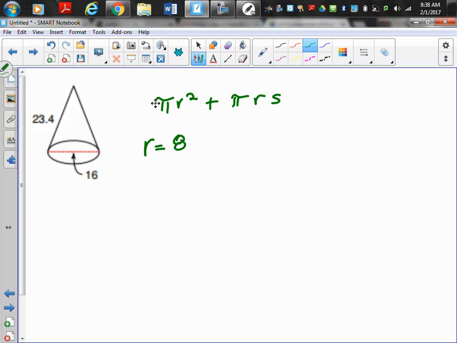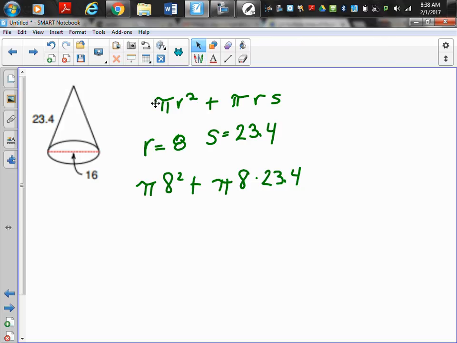Do I have my slant height? Yep. All right, so I have my s. Once you have your numbers, you plug it into the formula. So pi 8 squared plus pi 8 times 23.4.